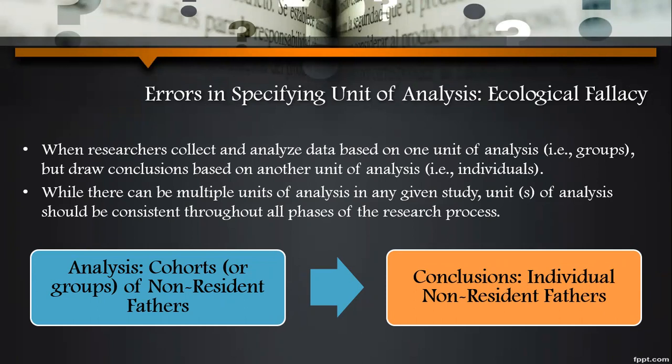We can indeed have multiple units of analysis in any given study. However, if we formulate our questions and we design our studies based on individuals, then we should not be drawing conclusions based on groups. So it's important that we be consistent throughout all phases of the research process when it comes to units of analysis.